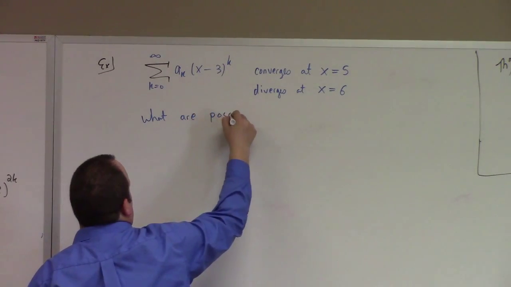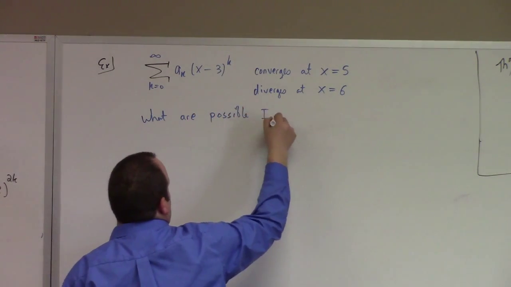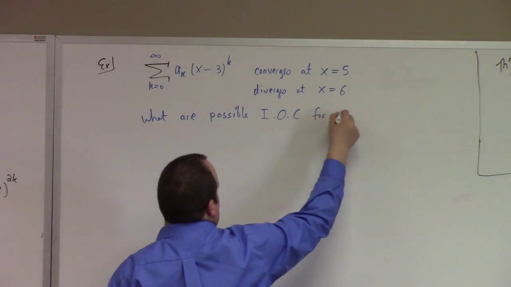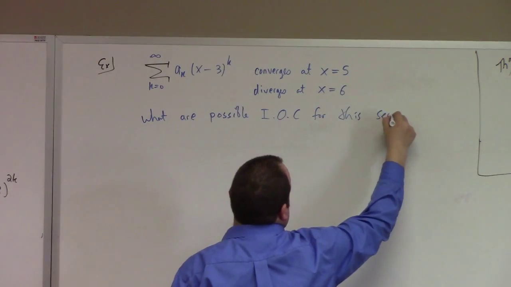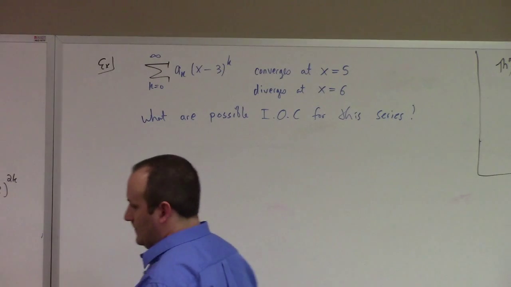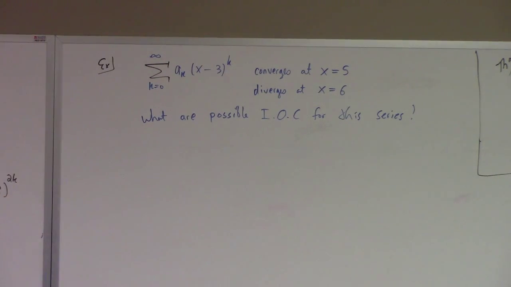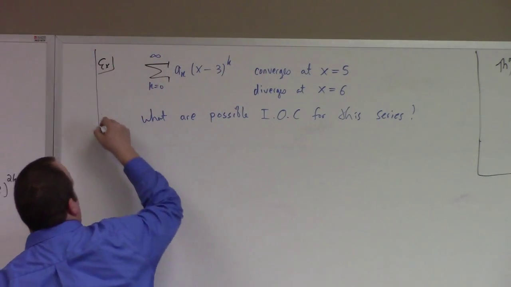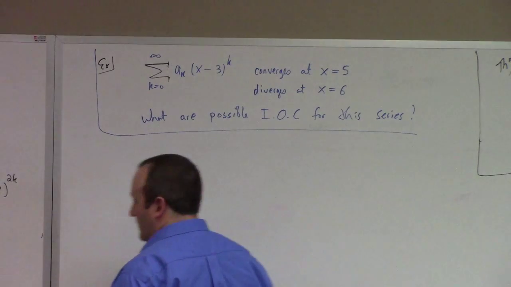What are the possible intervals of convergence for this series? This is a good problem to test whether you understand the theorem I just wrote. If you understand how to do this problem, then you pretty well understand the theorem.